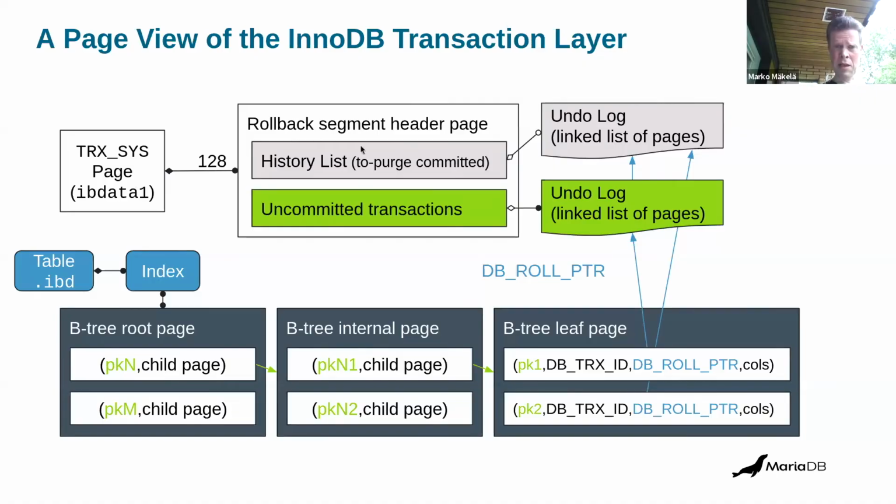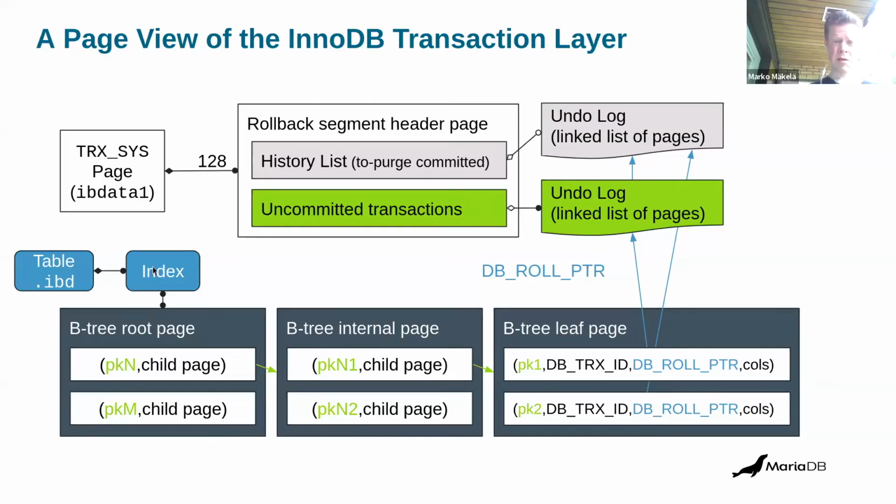So the rollback segment header pages contain references to undo logs of active transactions. And then there is this history list where we attach any undo log from committed transactions.